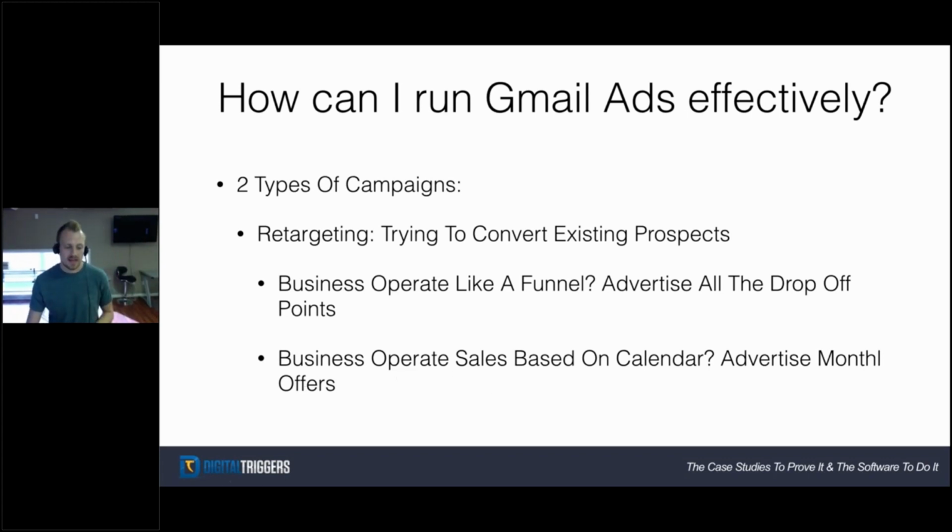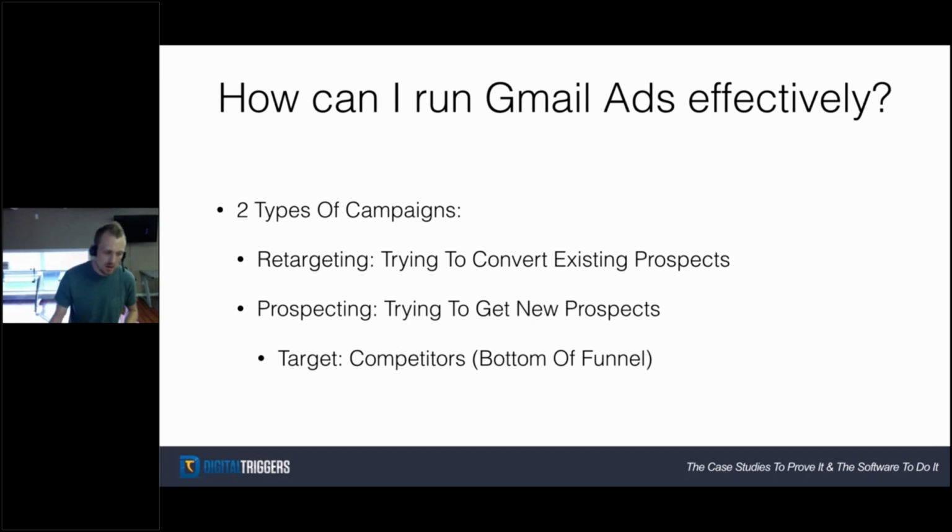So the second type of campaign would obviously be trying to get new prospects, new customers. For me, when I run Gmail ads, I target competitors. They need to be somewhat large competitors. That can be hard though if you're not in a large market.